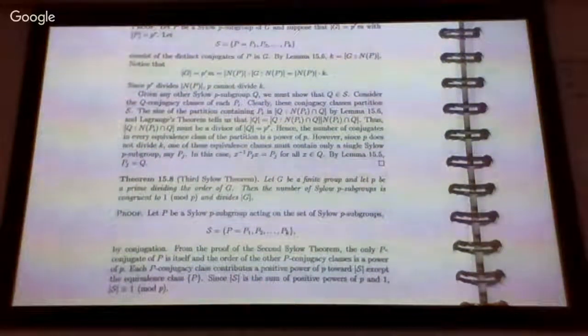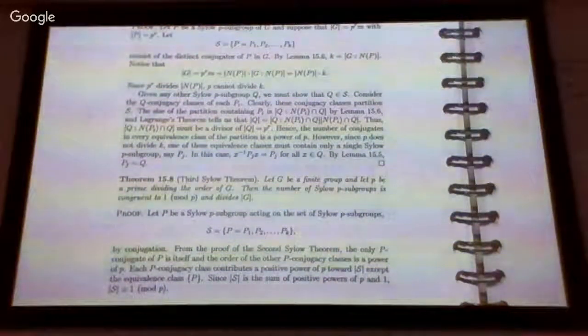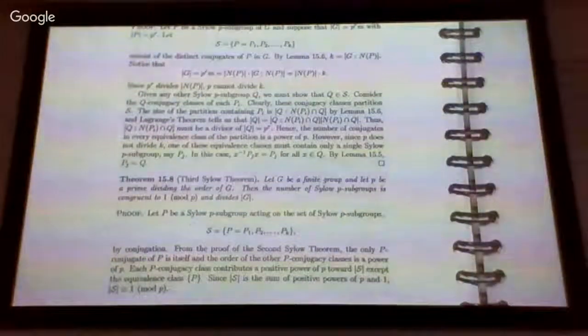The count, let's call it M, of Sylow P subgroups satisfies two conditions. M is congruent to 1 modulo P, and M is also a divisor of the size of G.